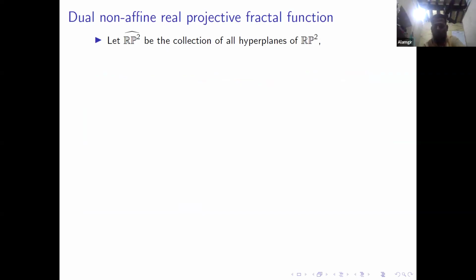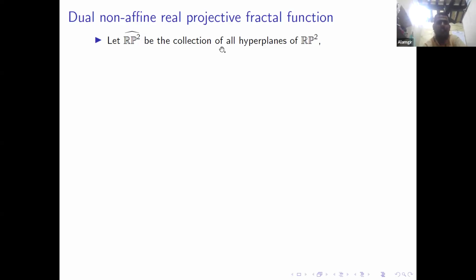We know that for the real Euclidean space, the dual is the collection of functionals, and also we know that the kernel of a functional forms hyperplanes. So here we have seen something different from the traditional fractal function in positive space. So here we define the dual non-affine real positive fractal function.